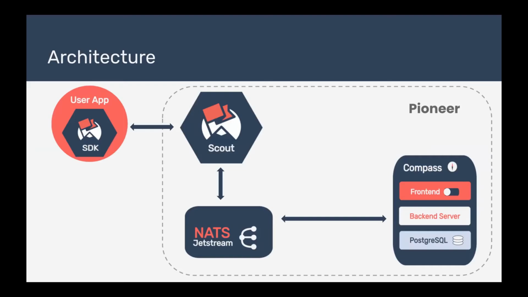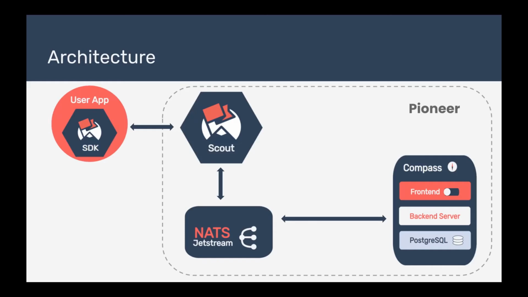Compass is a React application built by the Pioneer team, and it serves as the dashboard for flag management. Scout is a Node.js application also built by the Pioneer team, and it serves as the distributor of flag data. Pioneer communicates with a user's application via a Pioneer SDK, which is embedded within the user application's code base.